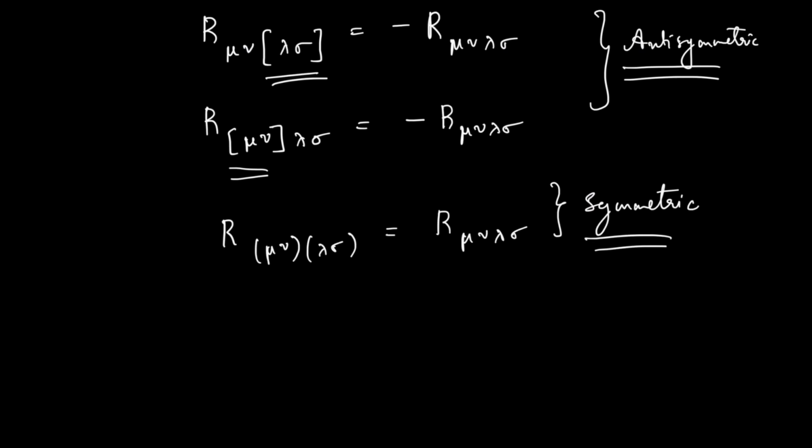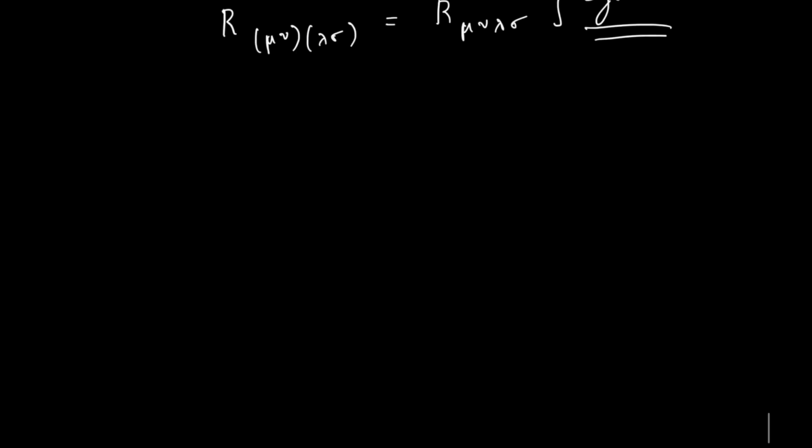Now we have to find the Bianchi identities in terms of the fully covariant Riemann tensor. For that, consider R mu nu lambda sigma.